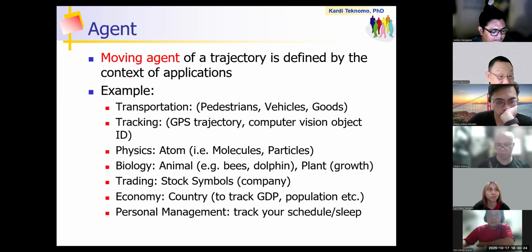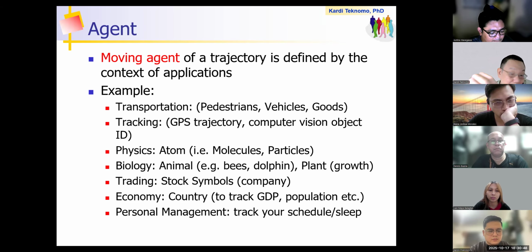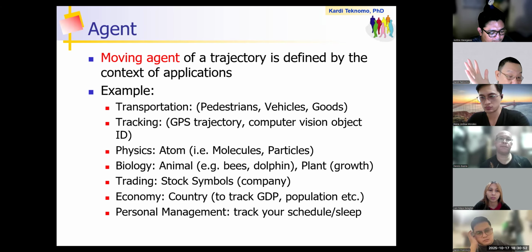Trajectory is not only for transport. It's also in physics: atoms that move, molecules and so on, they are particles, and they also have trajectories. In biology, it's not my field, but a lot of scientists track animal behavior, the bees, the dolphins, including plant growth.